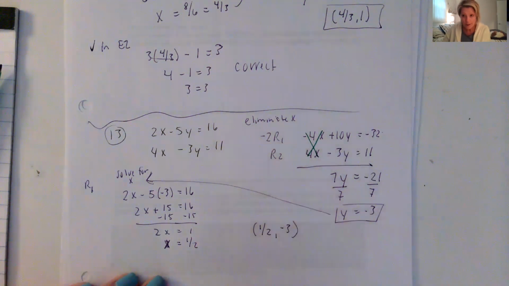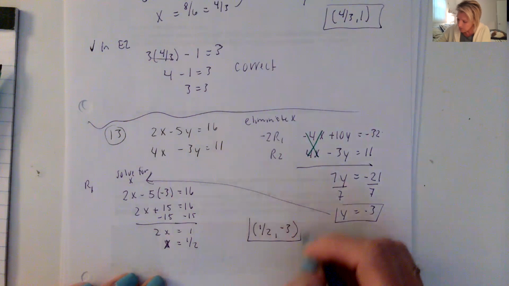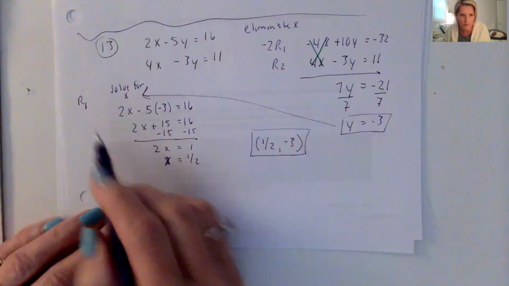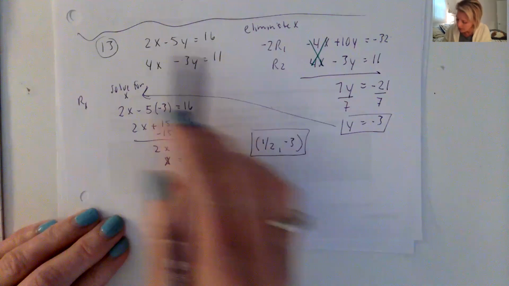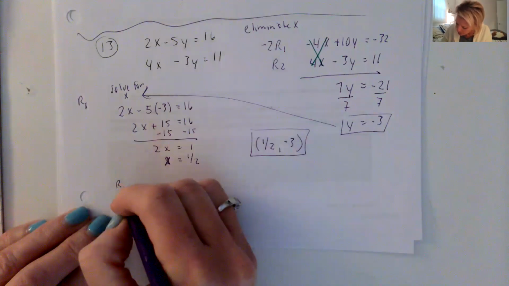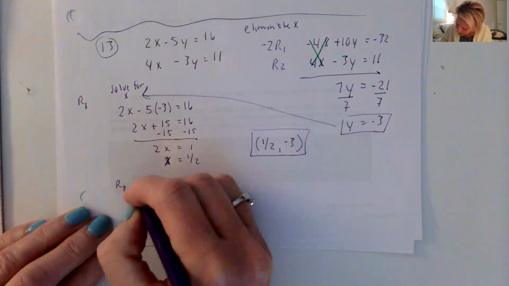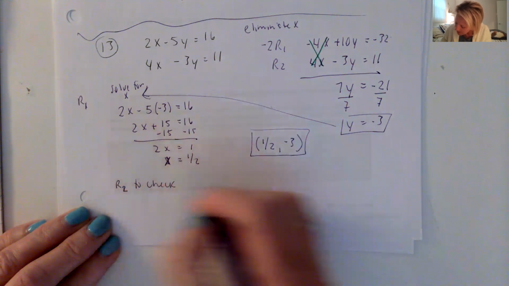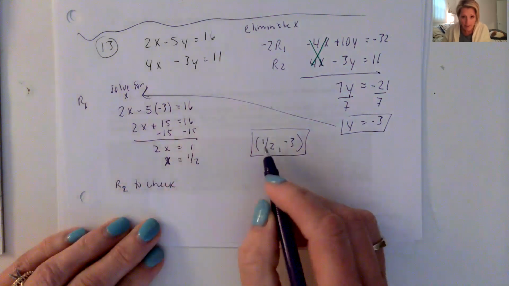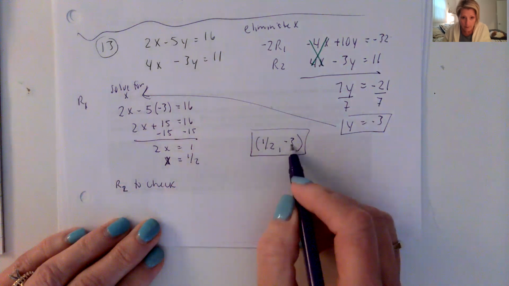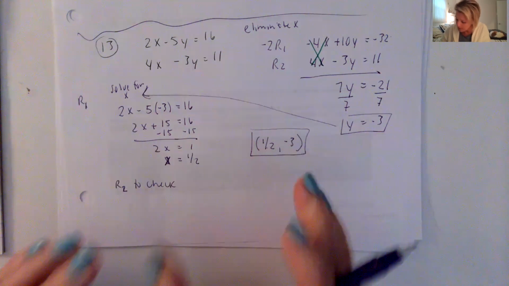You can always check this in Desmos, right? But I want us to practice checking using our algebra skills. So I use row 1 to solve, so I'm going to use row 2 to check. And all I'm doing is replacing my x with 1/2, my y with -3, and making sure that I get a true statement.